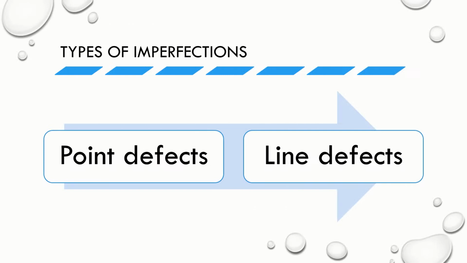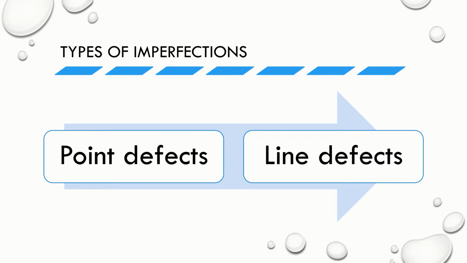Now, there are two main types of defects, which we call point defects and line defects. When the deviations or the irregularities exist from the ideal arrangement around a point or an atom in a crystalline substance, the defect is called a point defect.